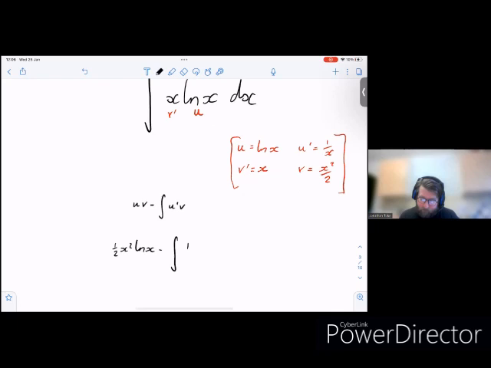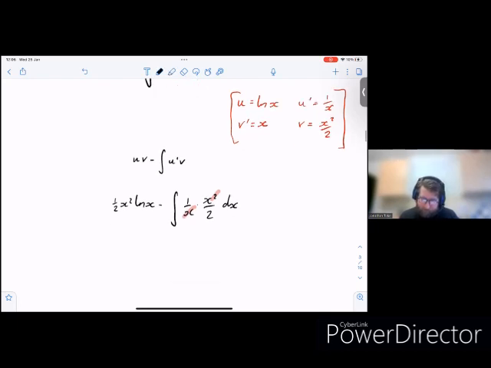So that's 1 over x times x squared over 2. And here the x squared cancels with an x there. So we are left with a half x squared log x minus the integral of a half x.